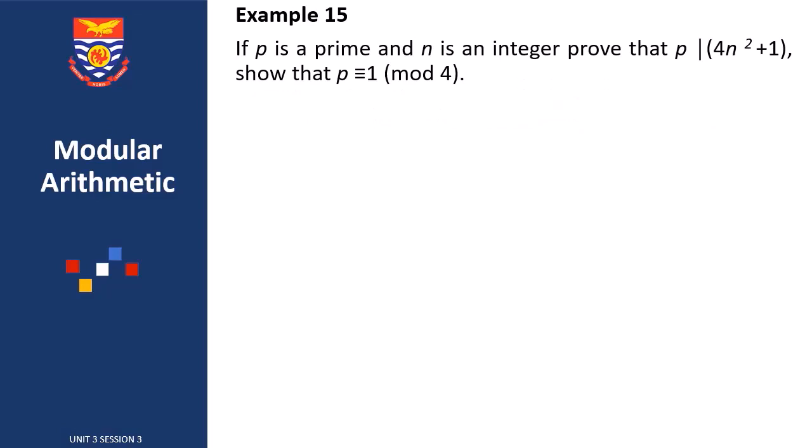If p is a prime and n is an integer, we prove that if p divides 4n squared plus 1, then p is congruent to 1 mod 4. We prove this by contradiction.